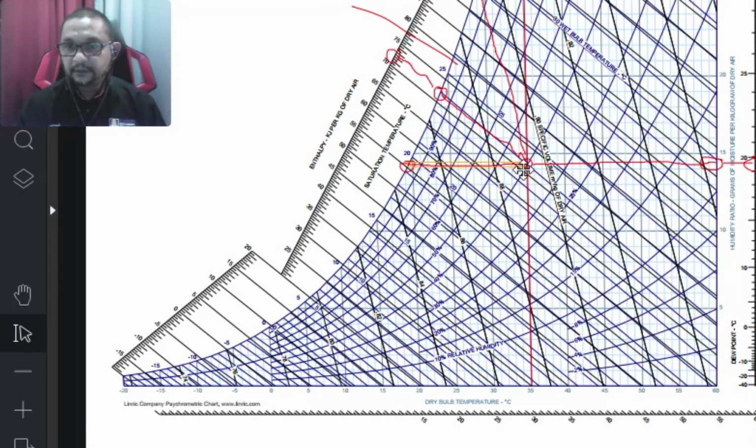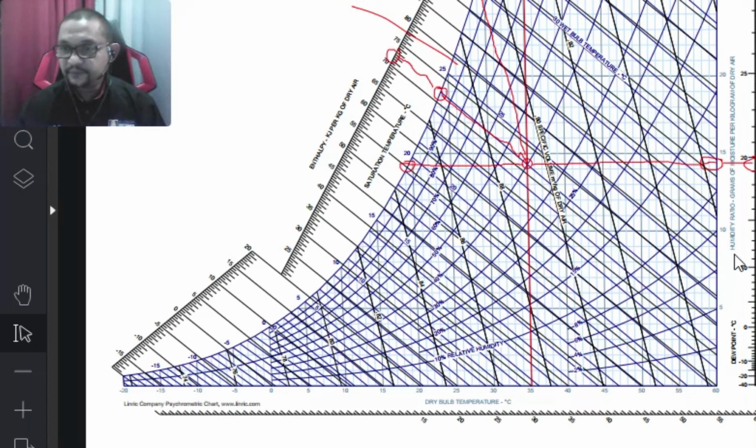So I draw the straight line here. In this circle, it shows the temperature of the dew point, and at this circle it shows omega, that means specific humidity.